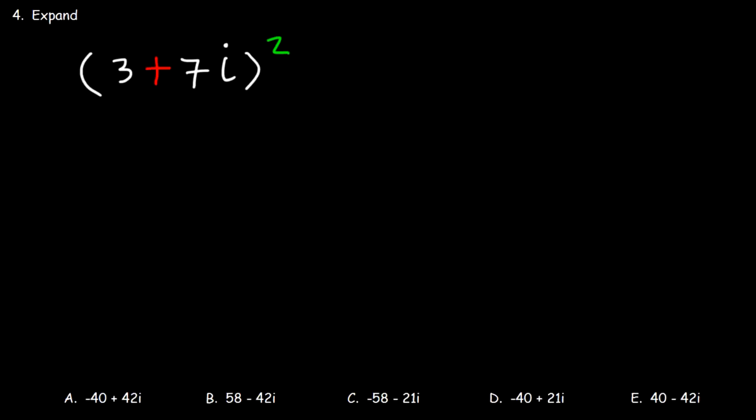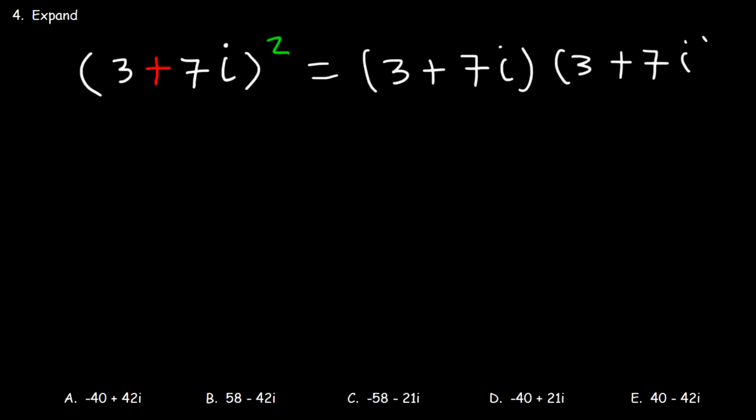Number 4, expand and simplify. So 3 plus 7i squared is equivalent to 3 plus 7i multiplied by 3 plus 7i. So now let's FOIL. 3 times 3 is going to be equal to positive 9.